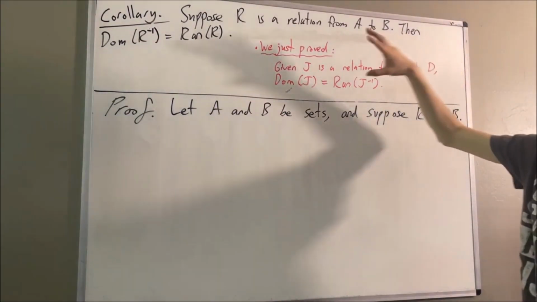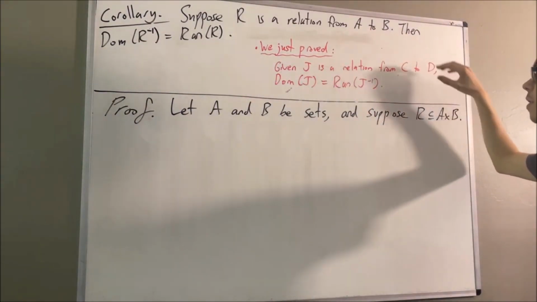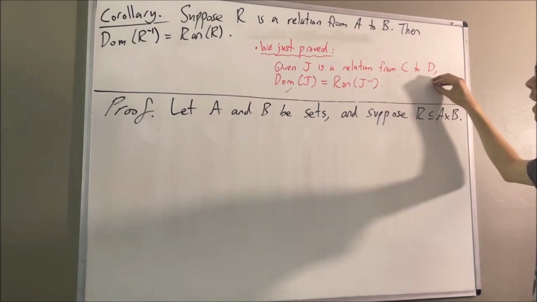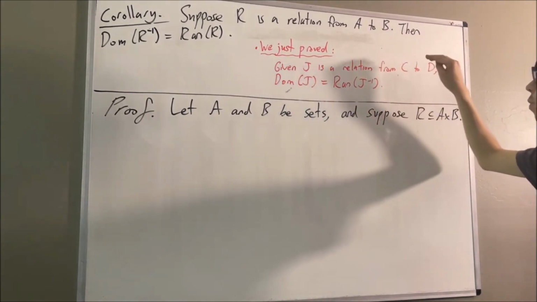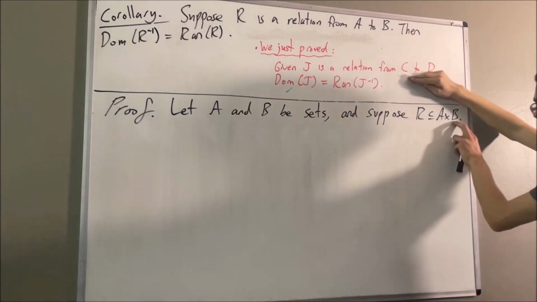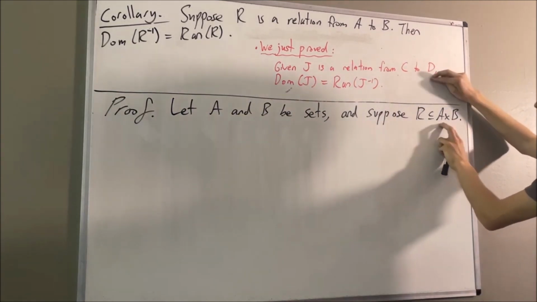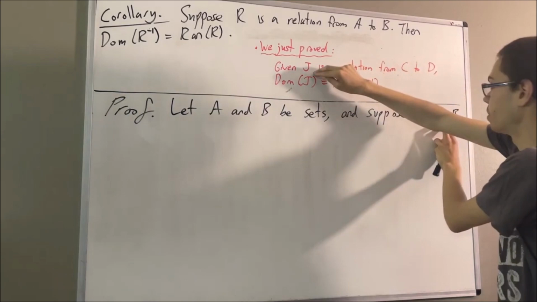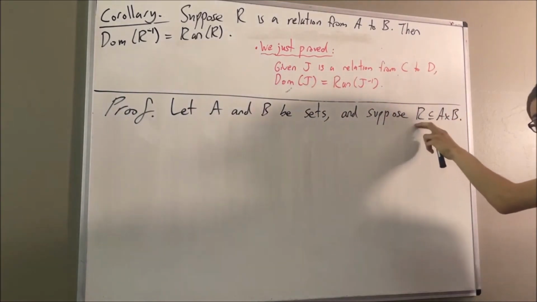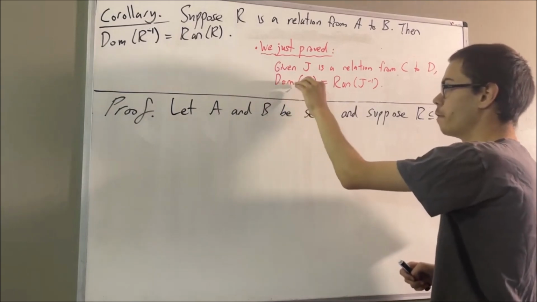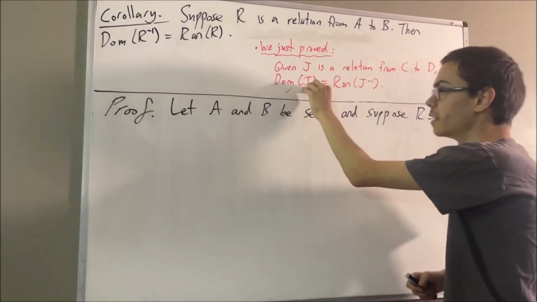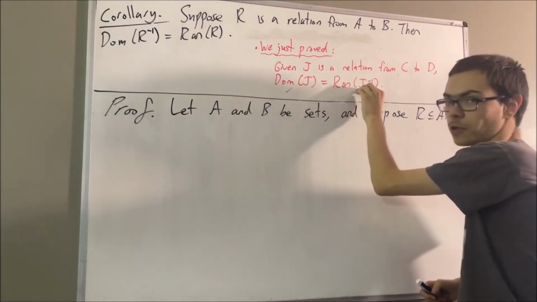Now, based on what we have just proven, this statement is true. And it doesn't matter what C, D, and J are, so we can take C to be B, D to be A, and J to be the inverse of R. If we do that, well, we have that the domain of R inverse is equal to the range of R inverse inverse.